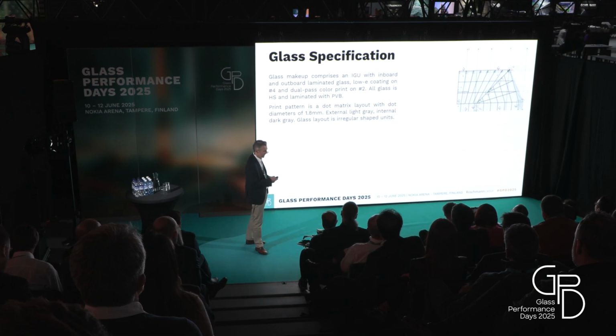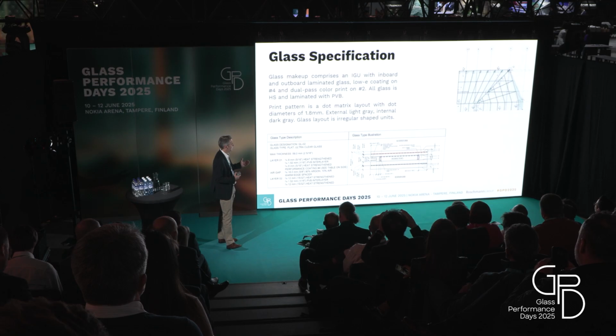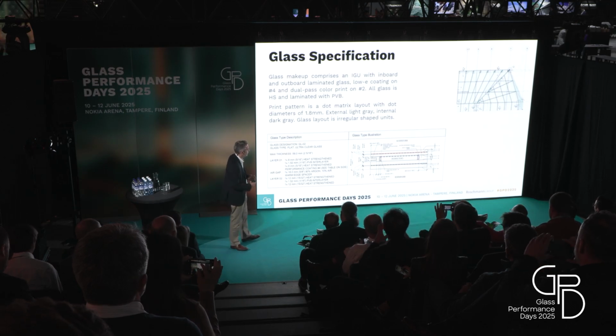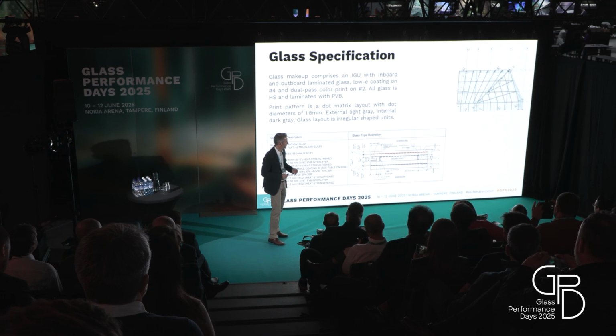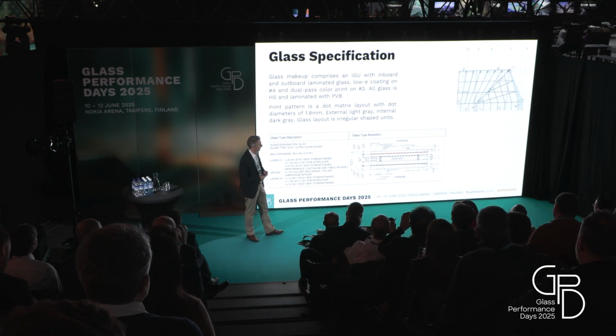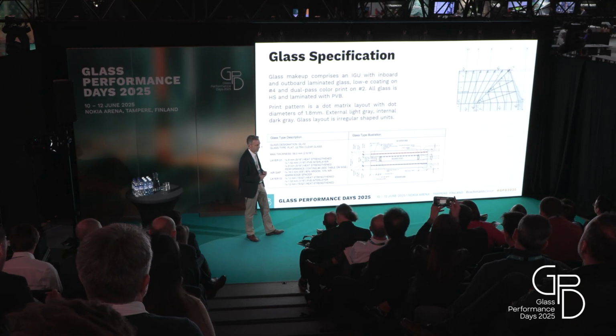So basically what we have here is a heavy glass, laminated outside, laminated inside, insulating glass, outside 2 times 8 millimeter with a low E coating on surface number 4 and a dual frit pattern digitally printed on surface number 2.